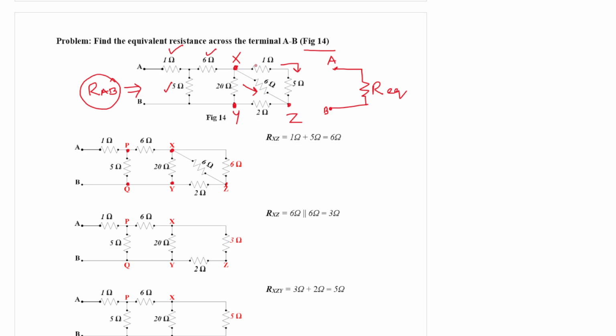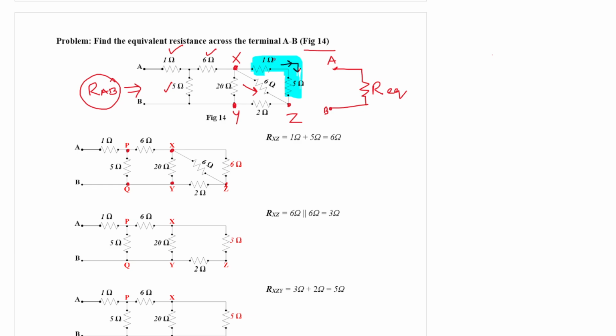Now if you consider this path, 1 ohm and 5 ohm, you can find that these two resistances are connected in series. Why? Because the same current is flowing through them.